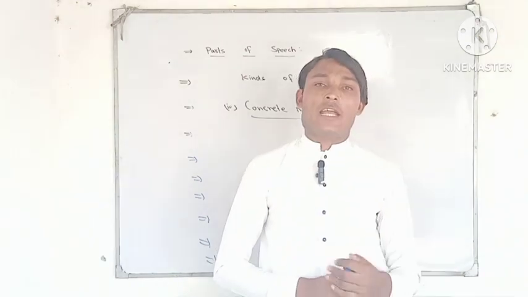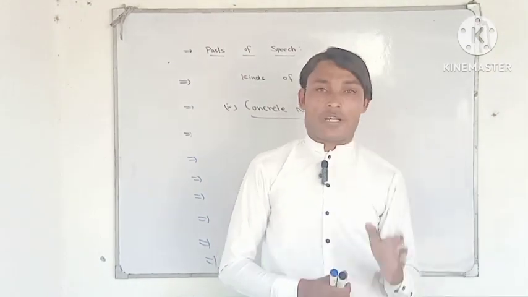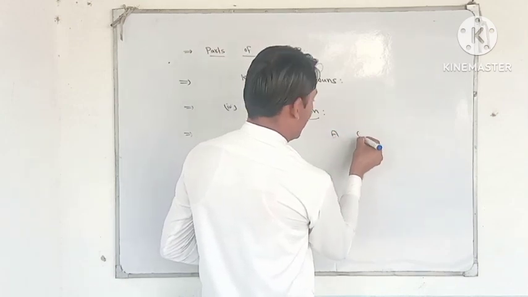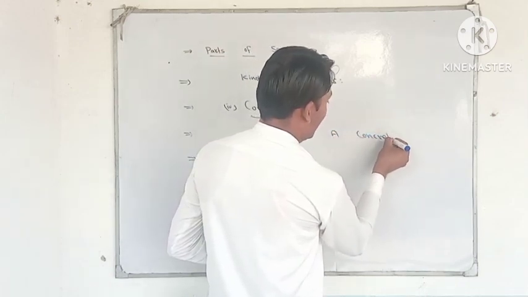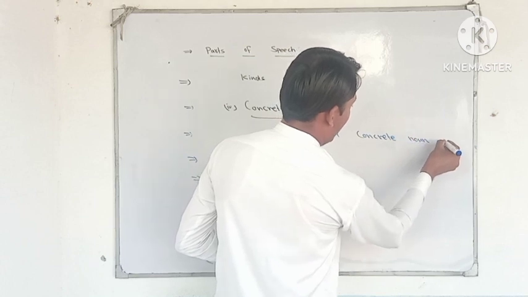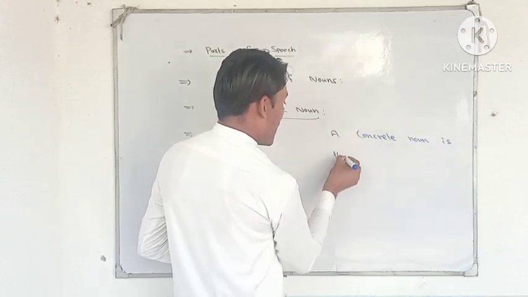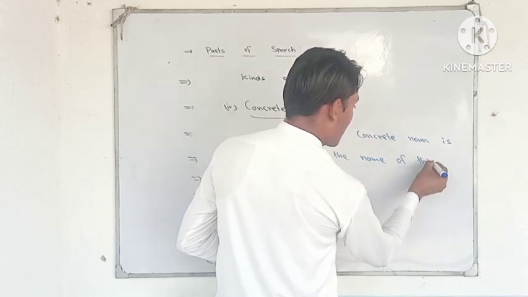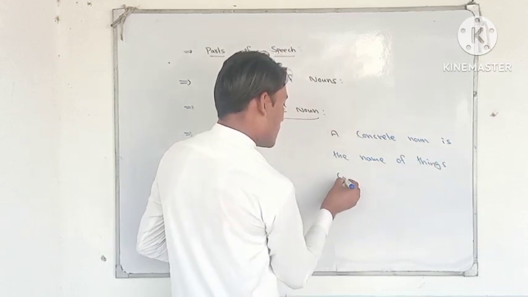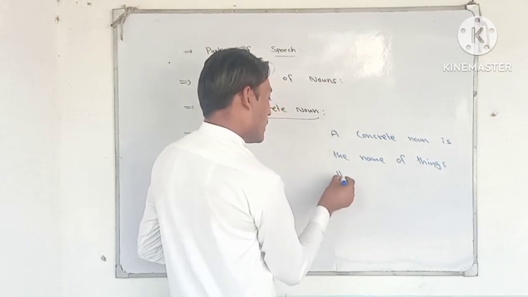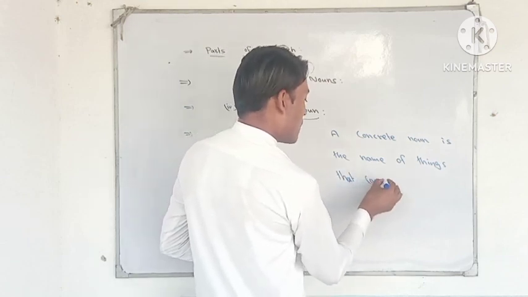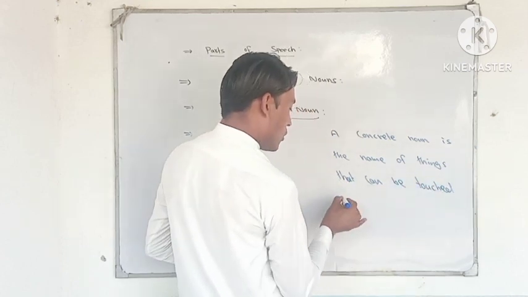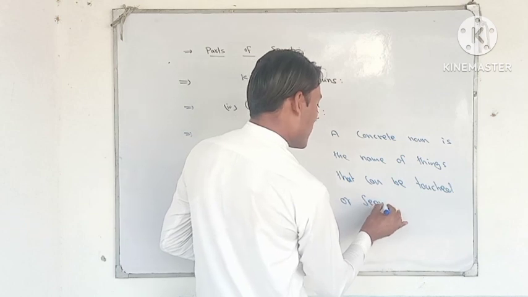A concrete noun is the name of things that can be touched or seen.